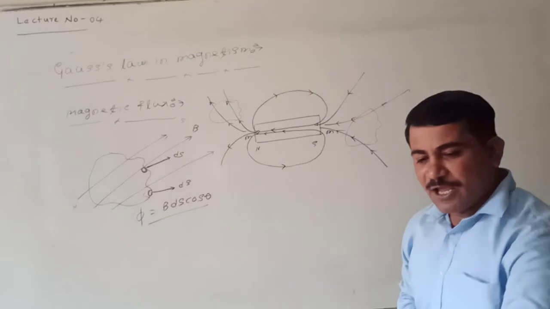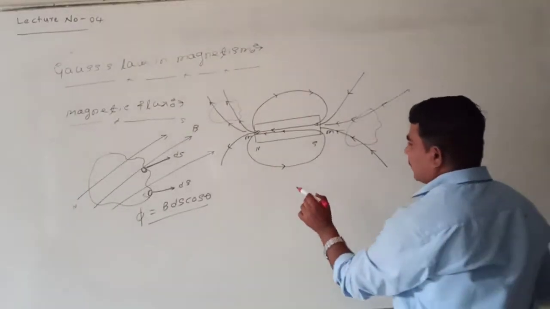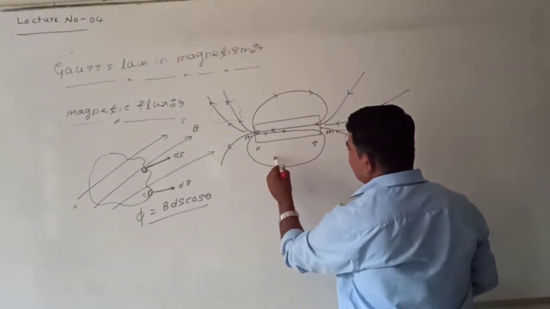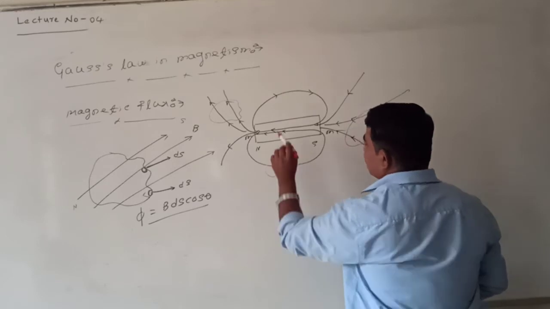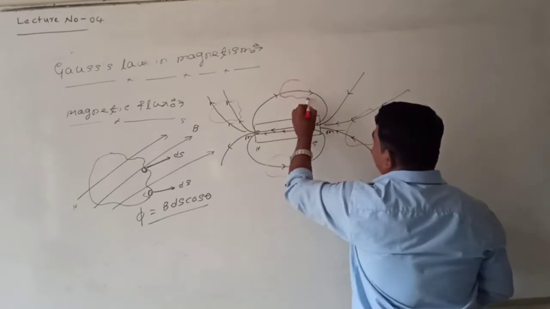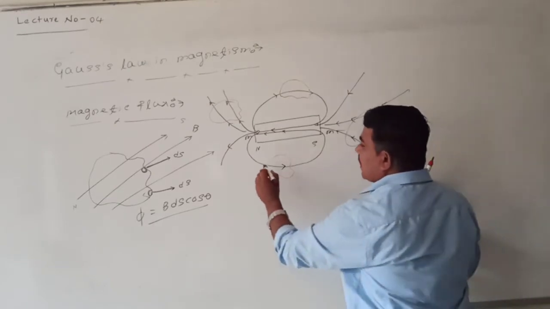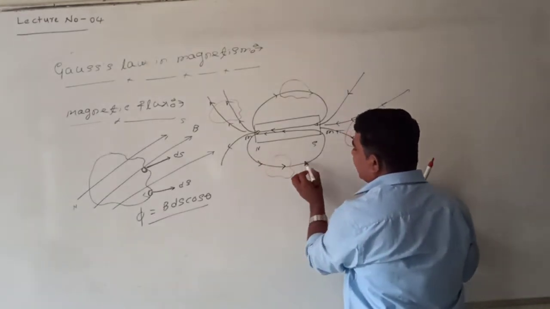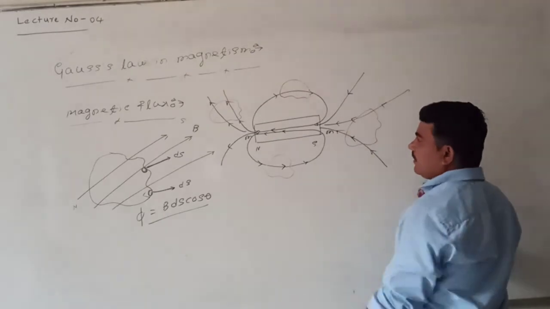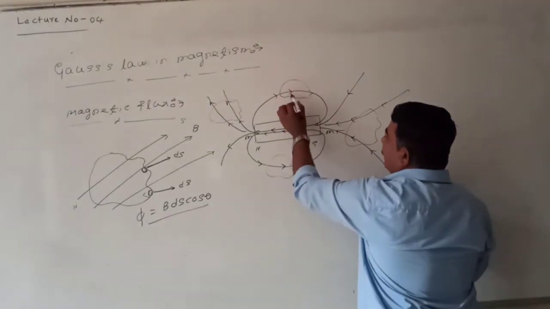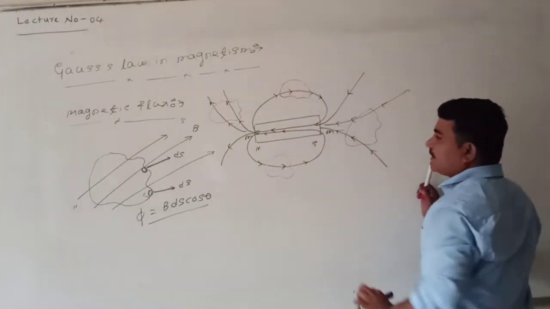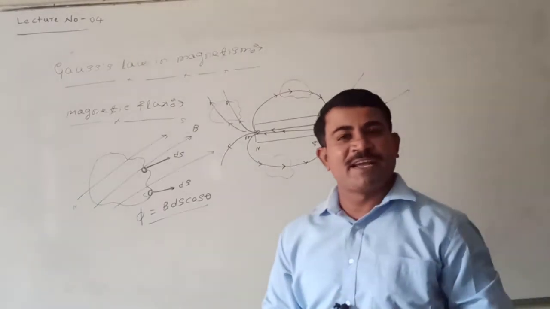Or similarly, you can take one closed surface here also. Look at me here, this is one closed surface I can take. Or I can take another closed surface here. Are you following this? In this closed surface, how many magnetic field lines are entering? That many magnetic field lines are leaving. Here also, how many are entering? That many are leaving. What is magnetic flux?